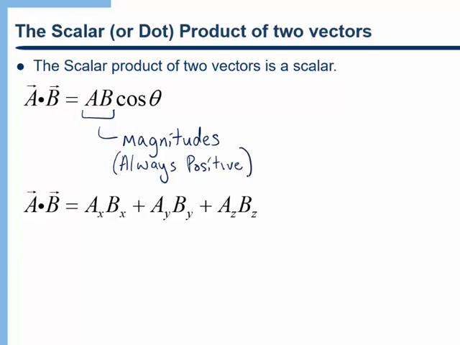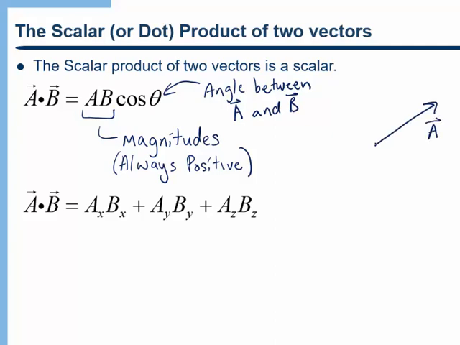And what theta represents is the angle between A and B. So for example, let's say vector A is in this direction and vector B is in this direction. That's theta. It's the angle between A and B.